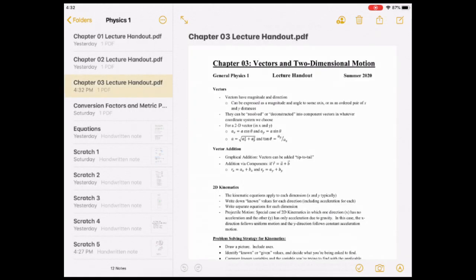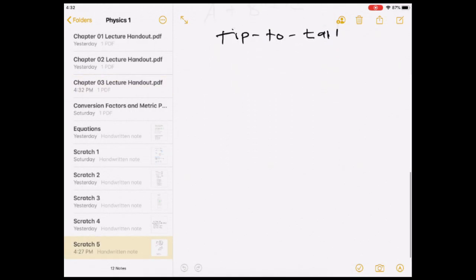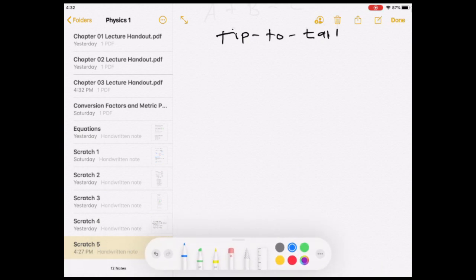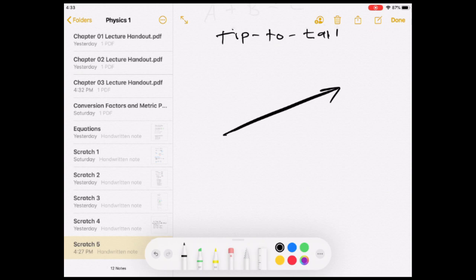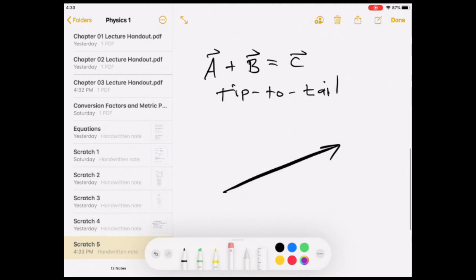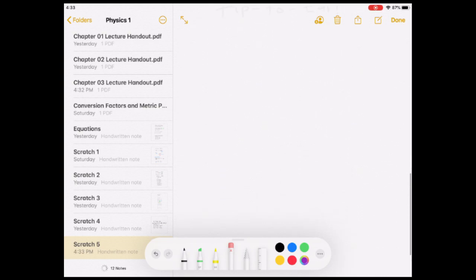So I want to introduce vector components. What are vector components? Well, I can take some vector, call it A. It points up and to the right.